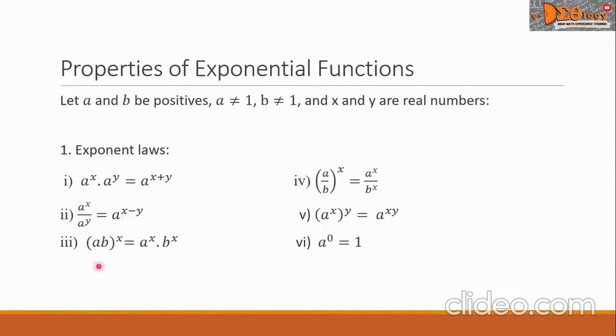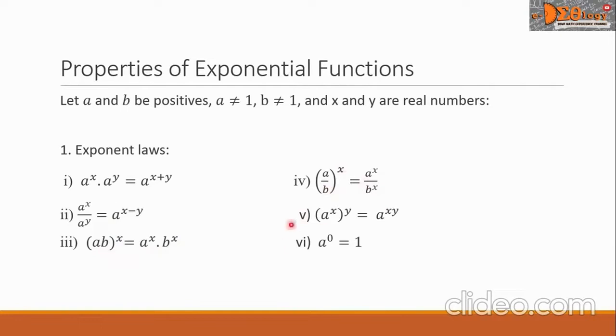Law number 3: ab raised to x is equal to a raised to x times b raised to x. Law number 4: when we have a quotient raised to x, this is equal to a raised to x over b raised to x.